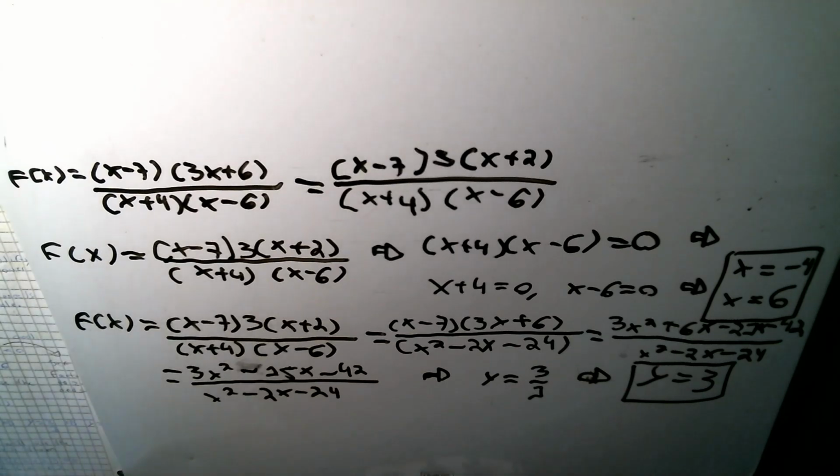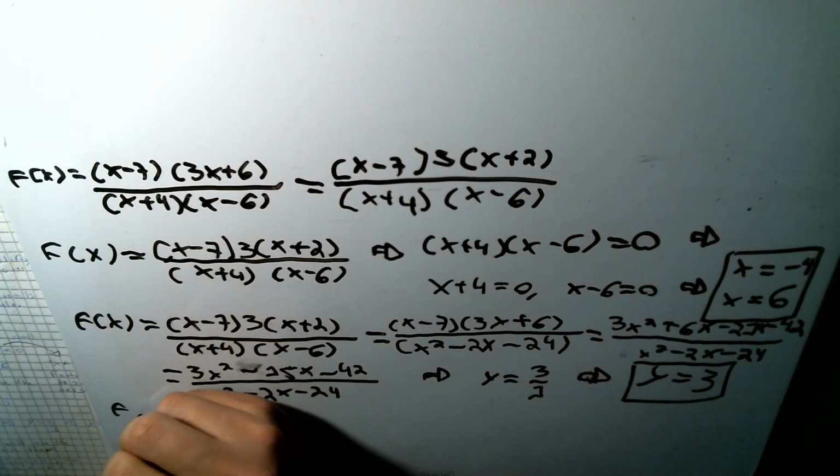We will calculate the x-intercept. We'll basically set the numerator equal to 0 and set each factor to 0, and so that's what we're going to do.